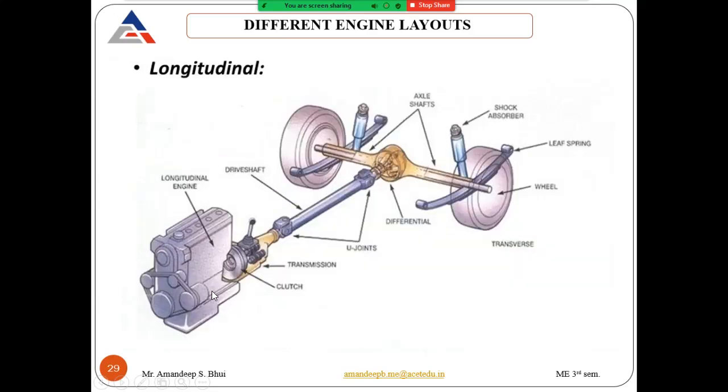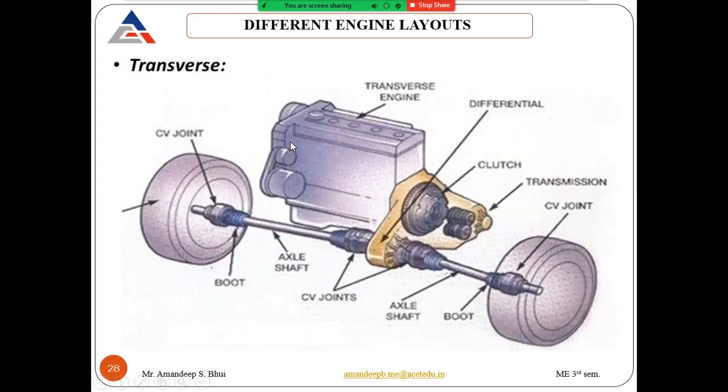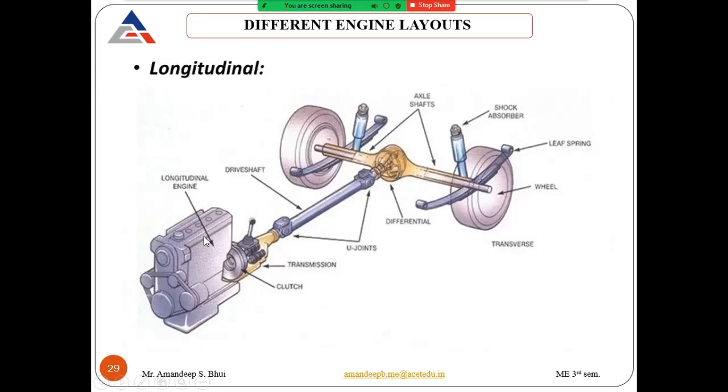And if it is placed like this, perpendicular to the axle of the car, then this type of configuration is known as the longitudinal layout of the engine. So that is the difference between the transverse layout and the longitudinal layout of the engine.